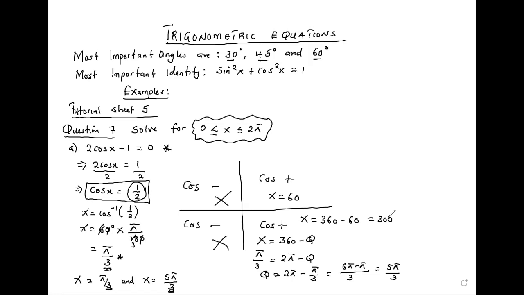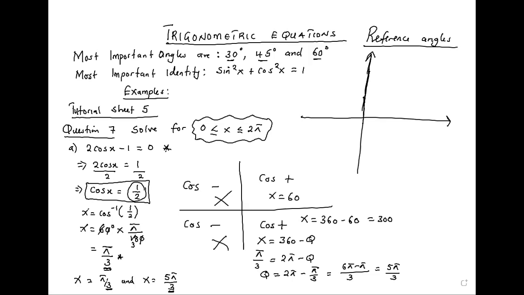So we don't have to forget what happens in the quadrants. We have to agree that we should never forget this thing. In the first quadrant, when it comes to reference angles, the issue of reference angles mostly depends on these very angles, these three.